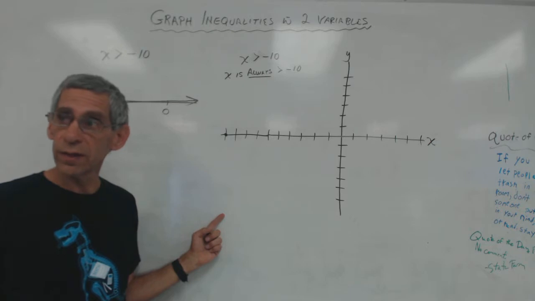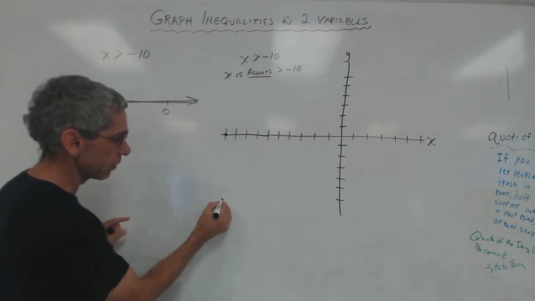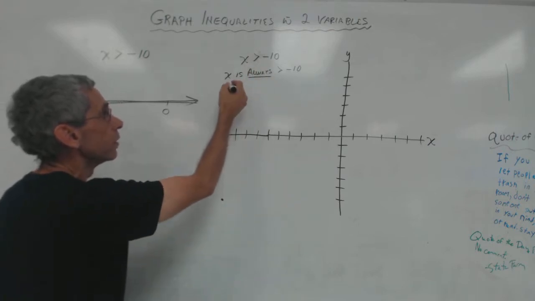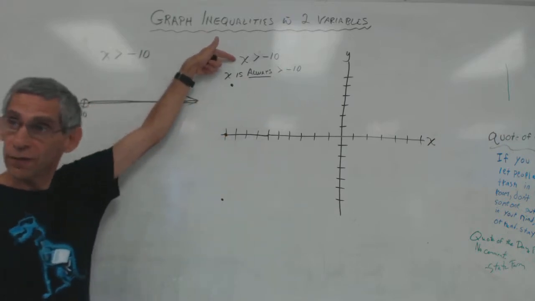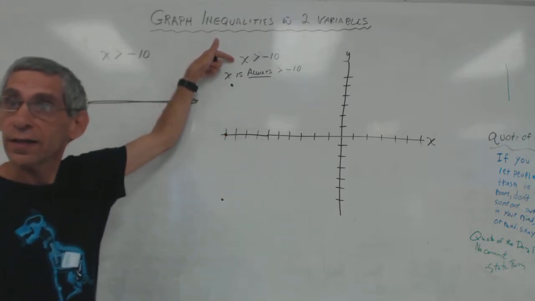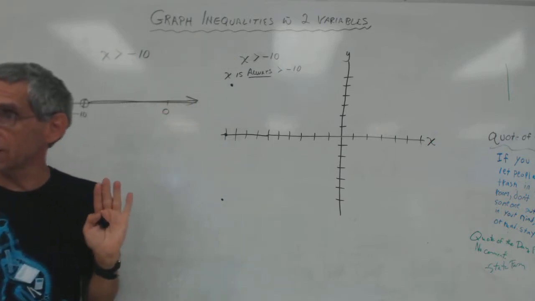Would you agree with me that x is still always greater than negative 10? Yes. So down here it is too. What about up here somewhere? Oh, it's definitely always greater than negative 10. It makes no difference what y is, as long as you always have that condition that x is always greater than negative 10.